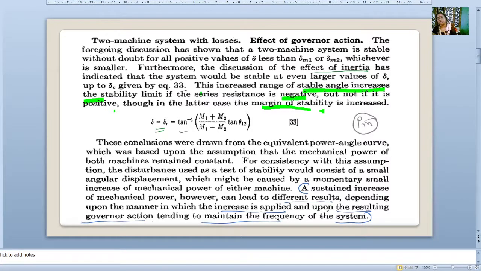If I am considering the motor, that is an equivalent motor, there also we have generators supplying a local load. But the loads are larger, so that's why it is called an equivalent motor. There also we have governors, so at both sides we will have governors. In this section we'll consider changes in the mechanical input.